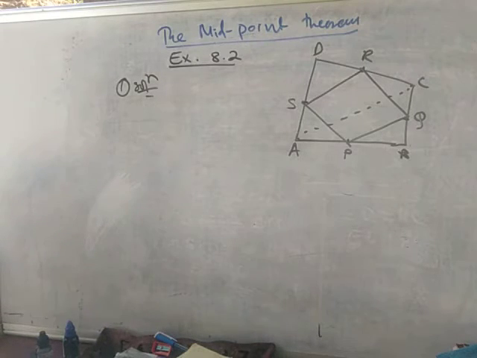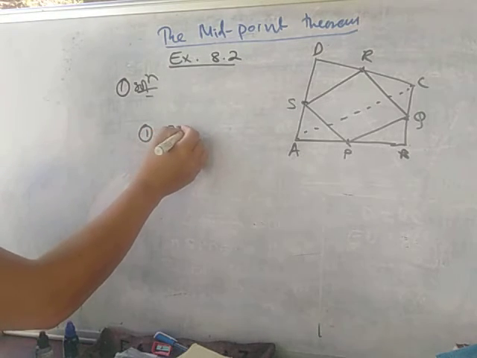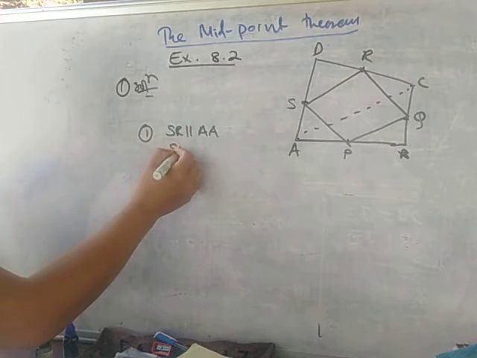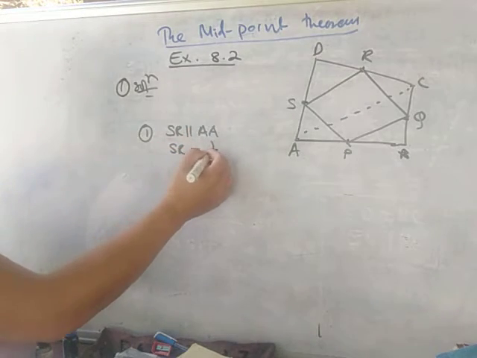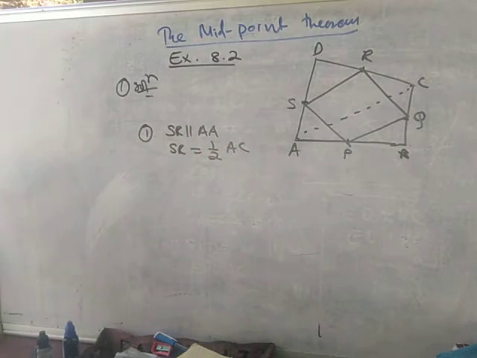It is given. You have to show, or prove, the first one is: SR is parallel with AC, or SR equals half of AC. So you can write given.